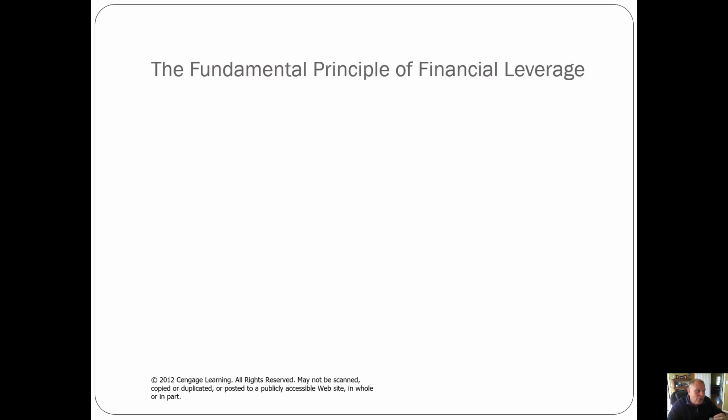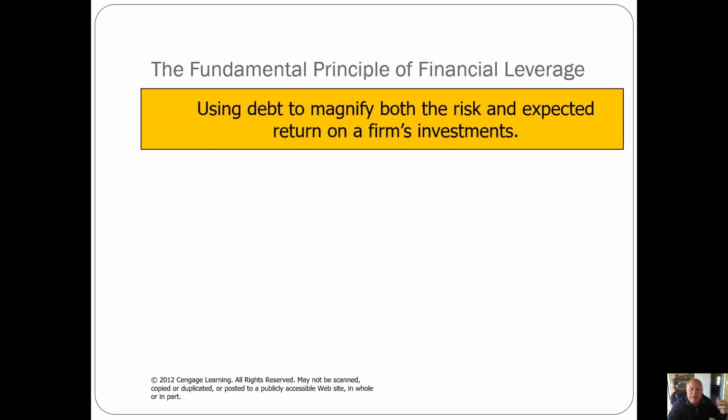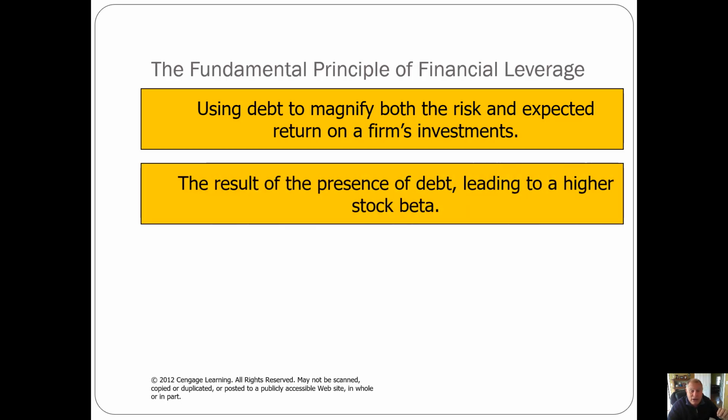There's a few, and I'm going to review this again because I think it is really key to understand how a firm operates, is using debt to magnify both the risk and expected return of what the firm does. So you've got to look at both sides of it. Oftentimes we find that with more debt, the higher the stock beta is.